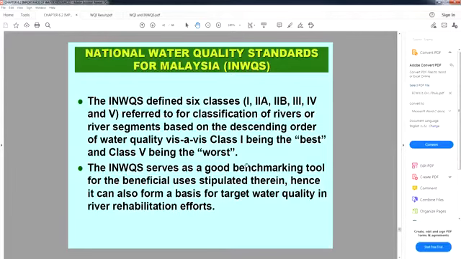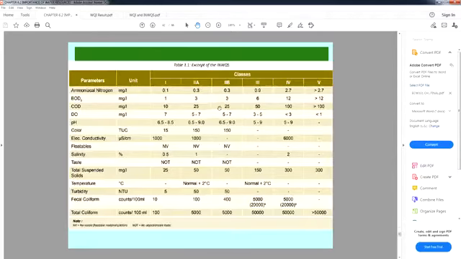And if it's not good, we can estimate the scale of the rehabilitation required for the river. Kalau dia punya paling worst ni, class 5, so means that the scale for the rehabilitation memang sangat besar. So whether it's economical or not, it depends on the designer. Okay, so this is the table of the INWQS.